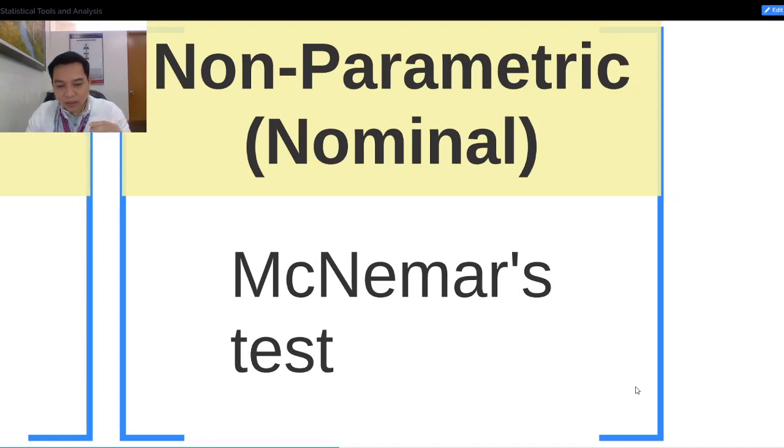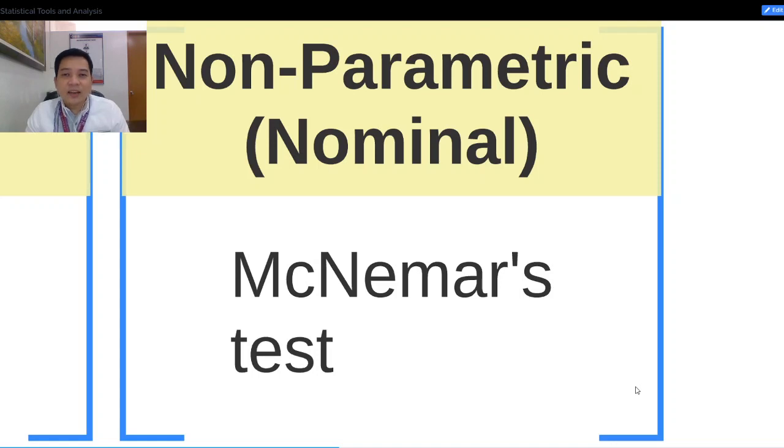If you have a question about pre-test and post-test on one group, given two times, okay? One test, one group, two times. And then you have numerical data, you'll be using parametric. You will be using what? Paired sample t-test. If your scale of measurement is ordinal, you will be using non-parametric, and the test that you will be using is the Wilcoxon signed rank test.